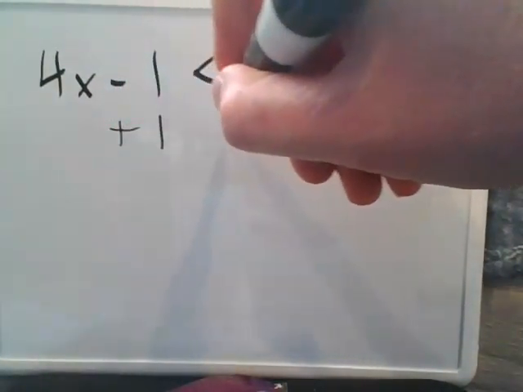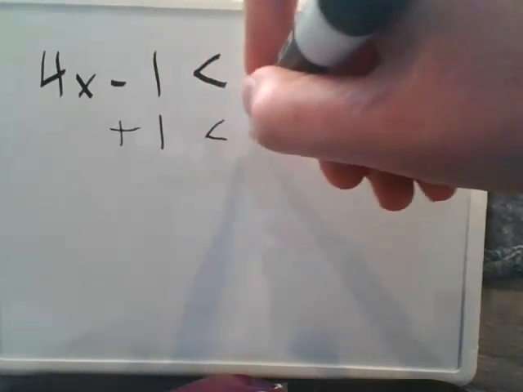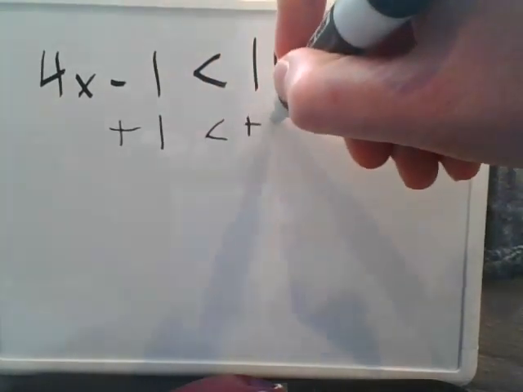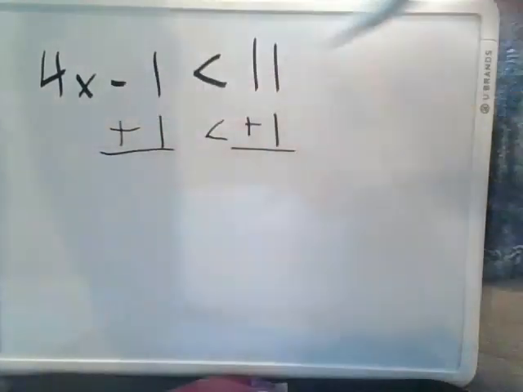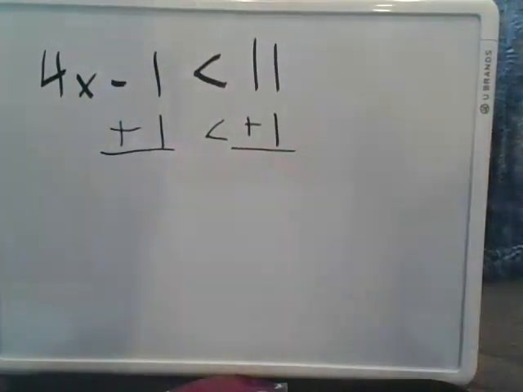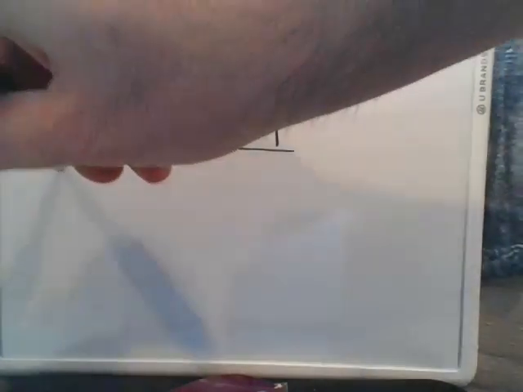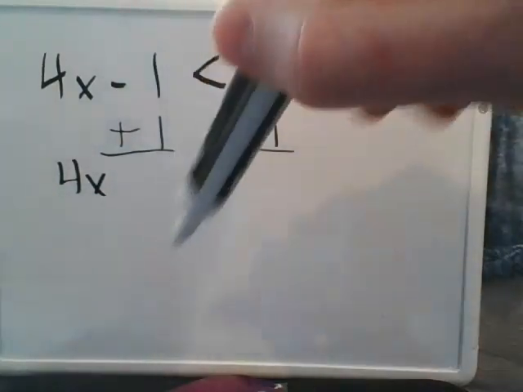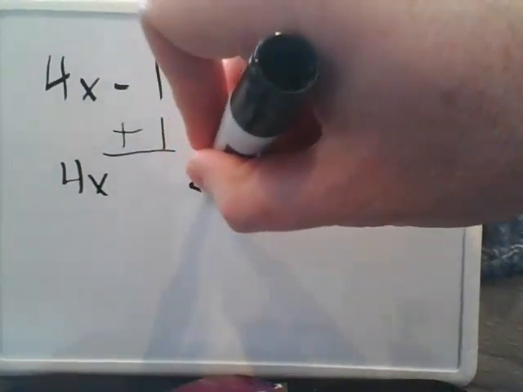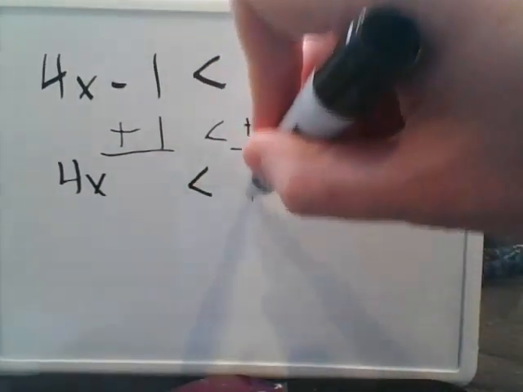I'm going to add 1 to both sides of my inequality, and you might just want to draw your inequality again all the way through. So nothing happens to my 4x here. 4x, and then the negative 1 plus 1 is 0, so we don't have to write that anymore. Less than 11 plus 1 is 12.